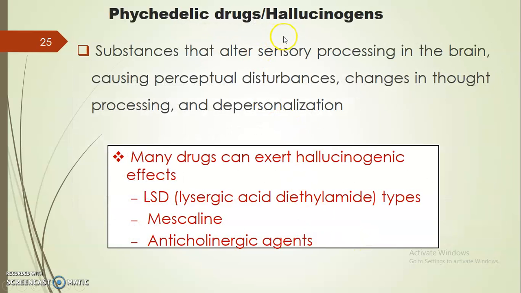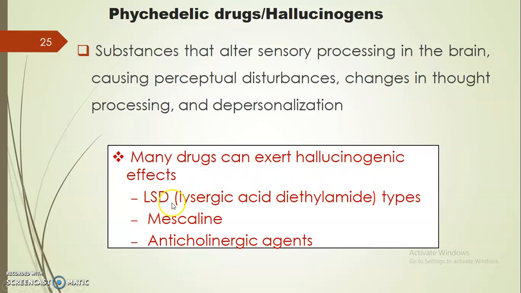What is meant by psychedelic drugs or hallucinogens? These are substances that alter sensory processing in the brain, causing perceptual disturbances and changes in thought processing and depersonalization. Many drugs can exert a hallucinogenic effect.